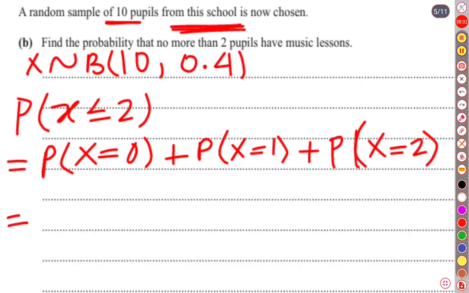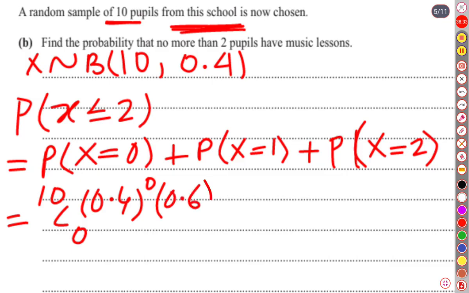So when X is 0, that means none of the people has chosen music class, so all 10 people chose non-music class. So the probability is 10 choose 0, 0.4 none of this, and all 10 have chosen non-music, that means q raised to 10.